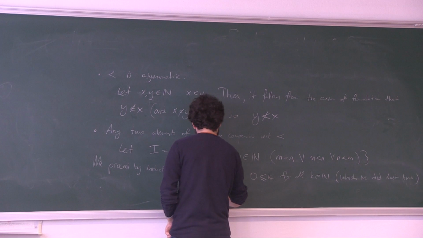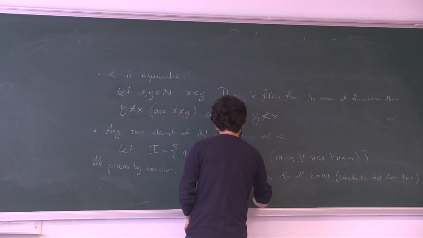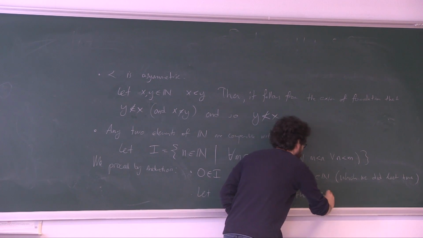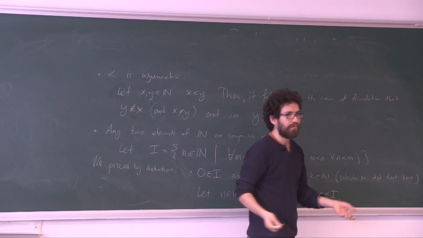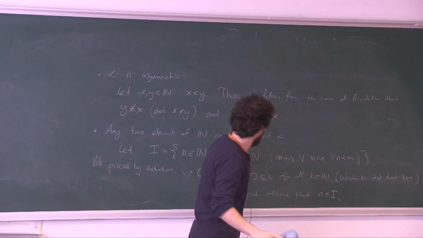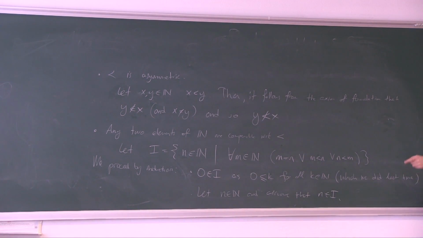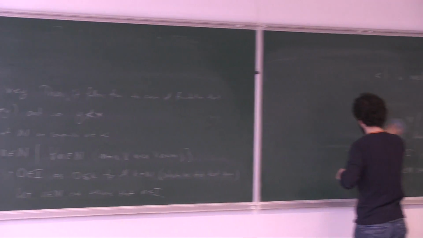Now, let n be a natural number and assume that this n satisfies the formula that I want to prove for all natural numbers. Let's say, assume that it is in I.